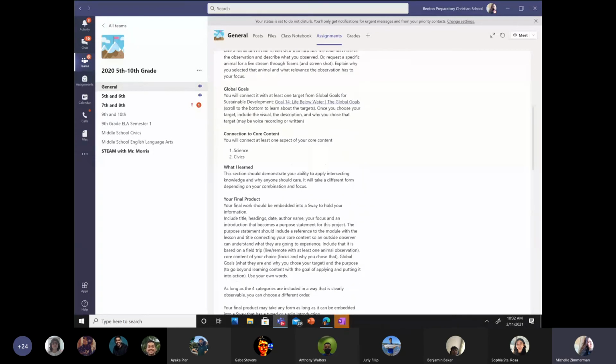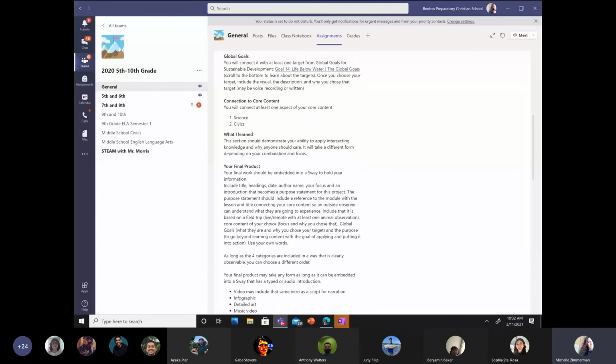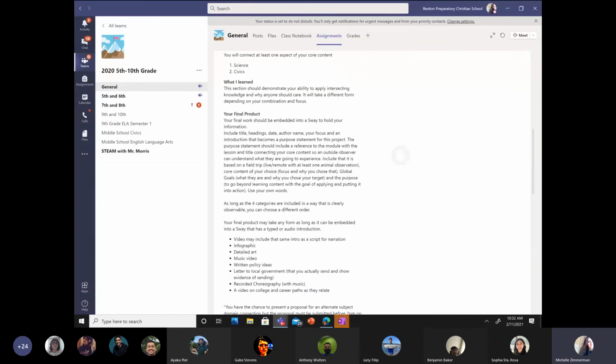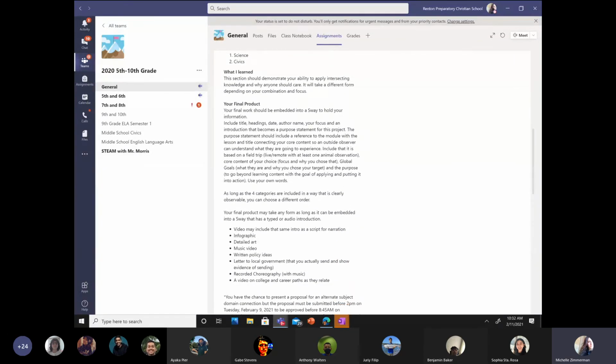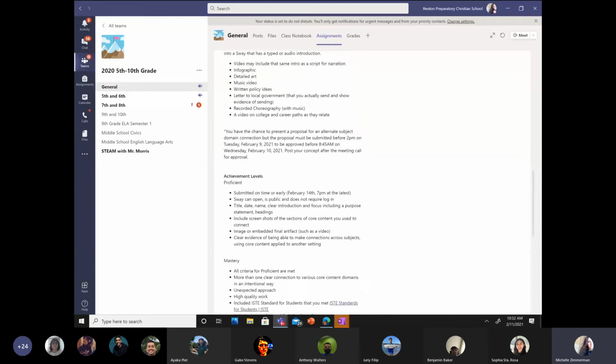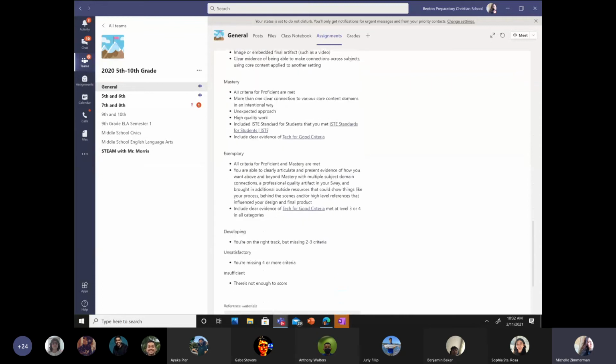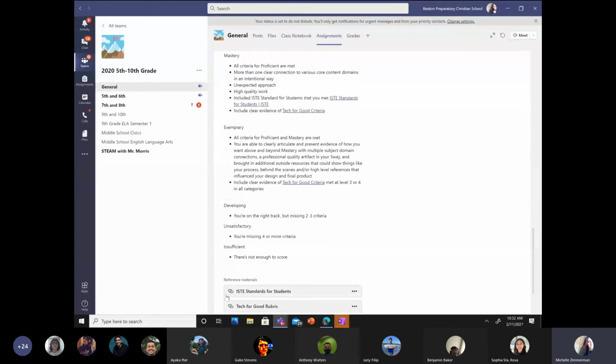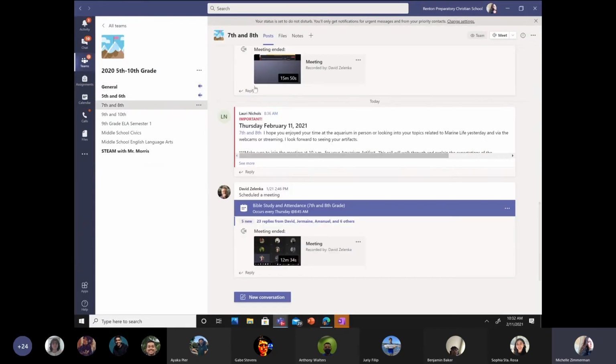You have one live animal observation. Global goals brings you directly to that web page. Your basic core content ones, what you learned, your final product. As you scroll down, you can see achievement levels here, and the Tech for Good criteria is here. If you're in 7th and 8th grade, I showed this on the call before, you click on 7th and 8th grade.